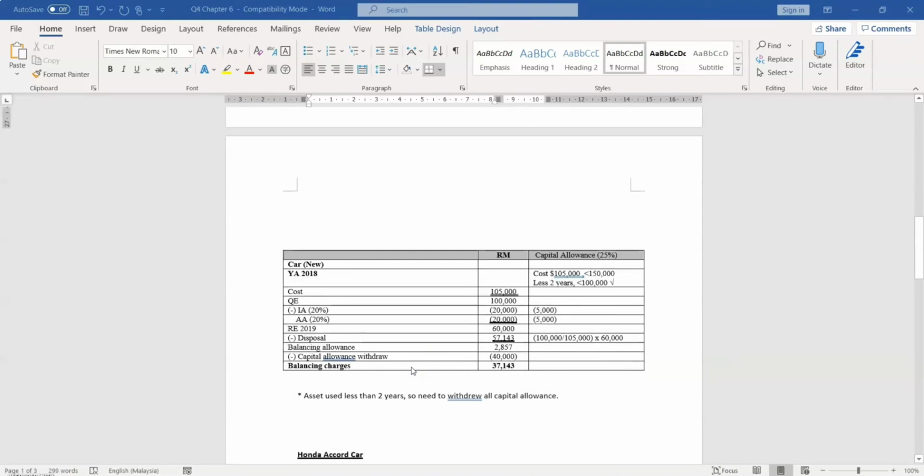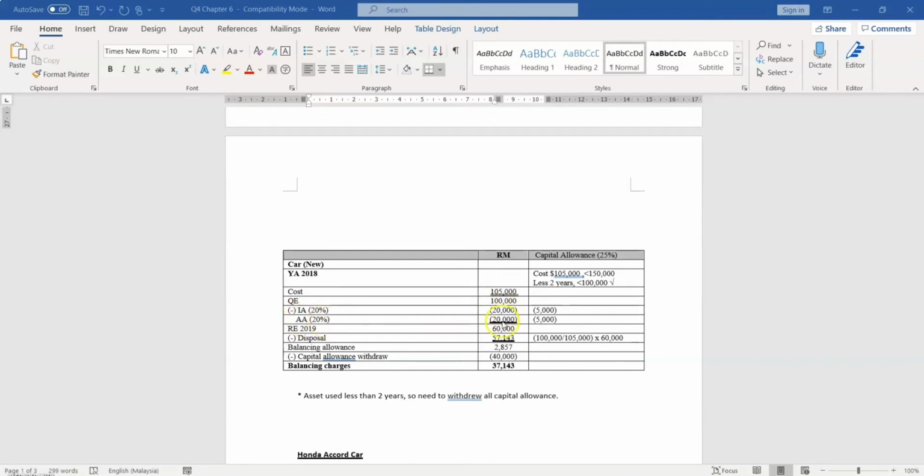So for the car, it is a new car bought in 2018, and the car price is 1,005,000. But because the car is not for commercial purpose, the car needs to be restricted to 100,000, because the cost does not exceed 150,000, so we just take the 100,000 QE, and then we minus initial and annual 20%.